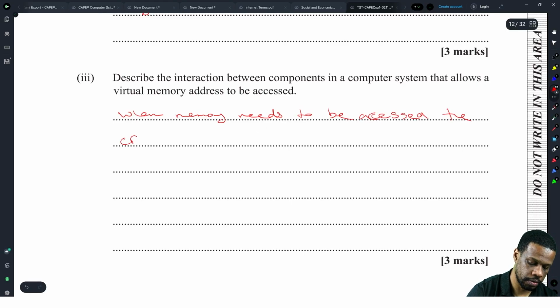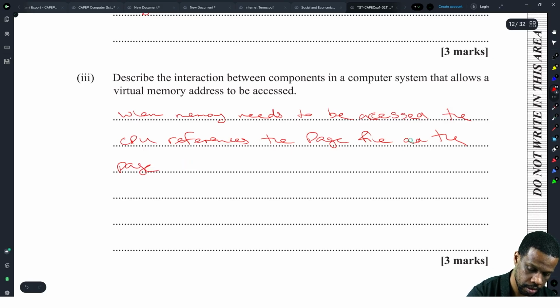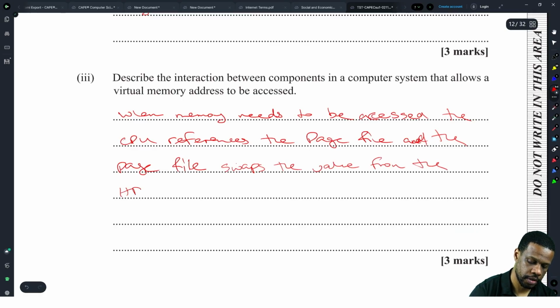The CPU references the page file, and the page file swaps the value from the hard drive to the physical RAM for use.